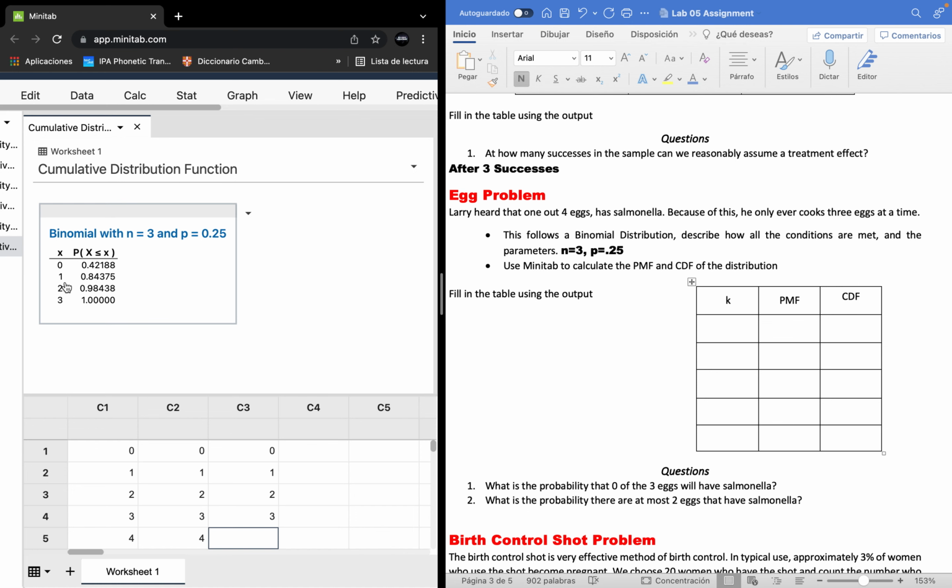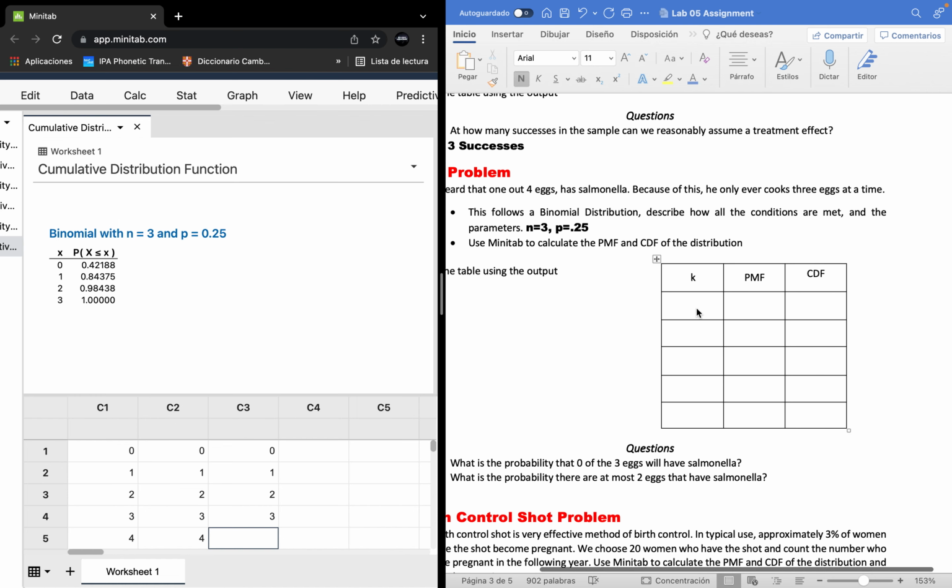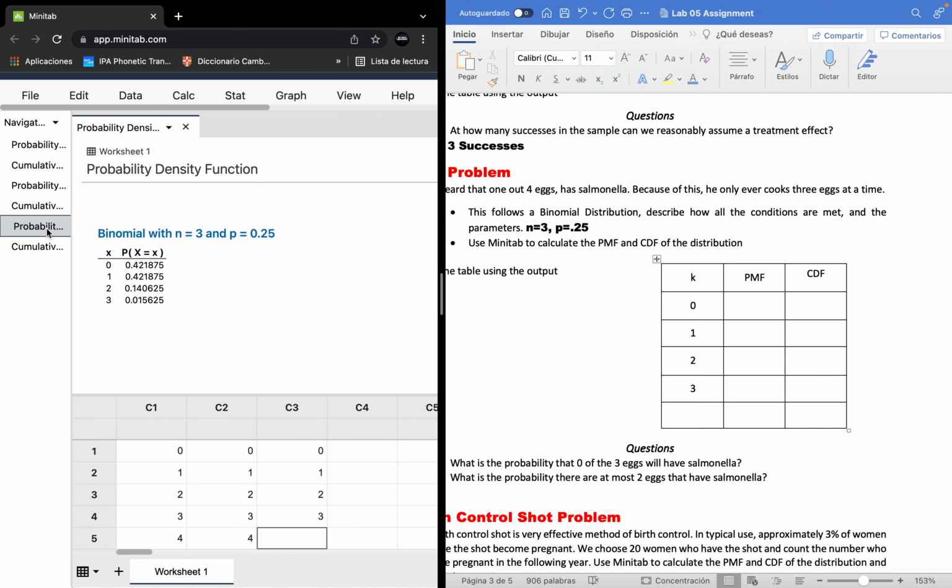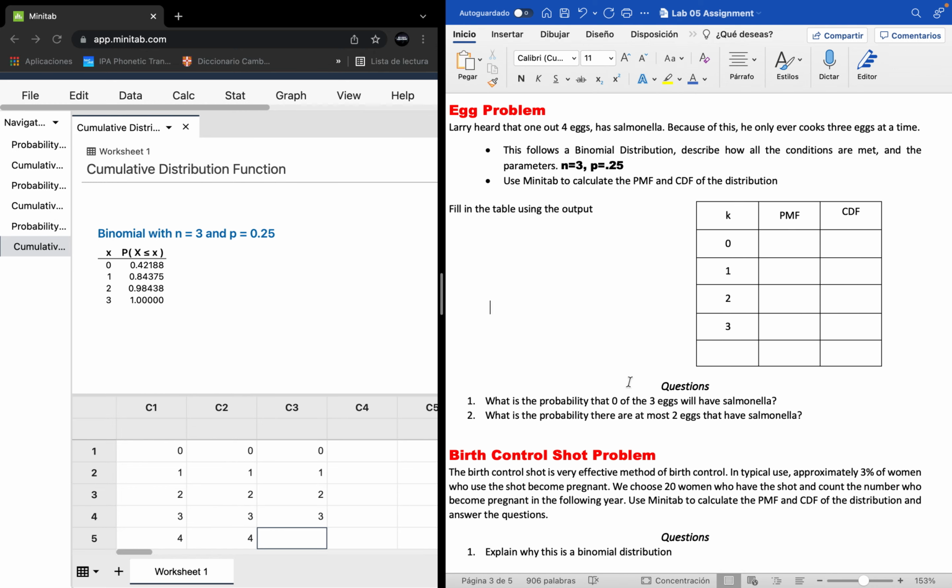Probability we observe 1 egg out of 3 with salmonella, 0.84, and so on. So you have to complete these values in the table: 0, 1, 2, and 3. And then the PMF, just these values. And for the cumulative, use these values. All right.